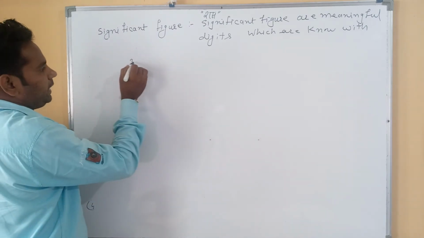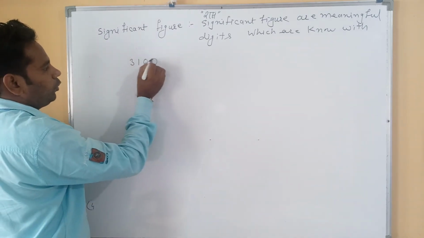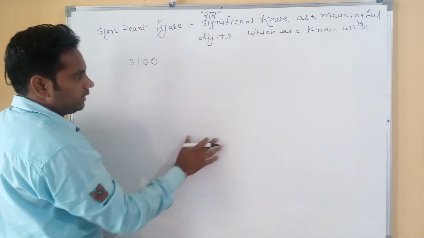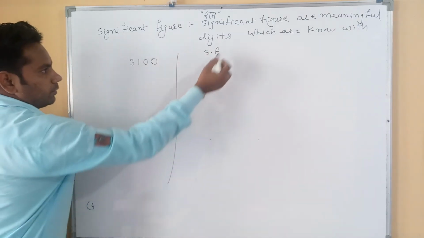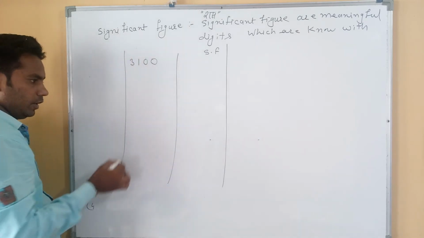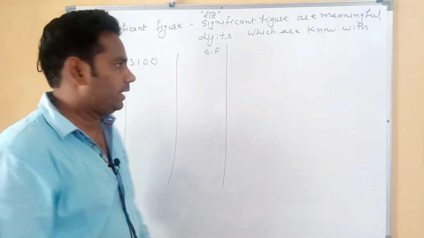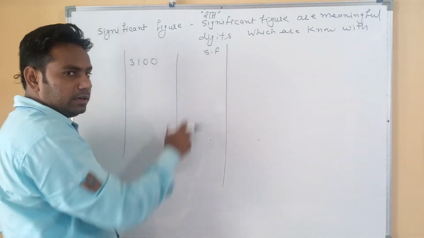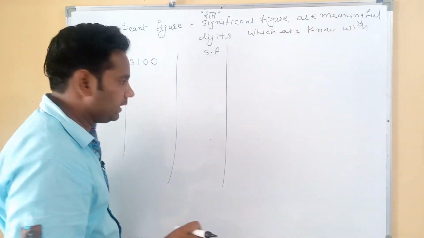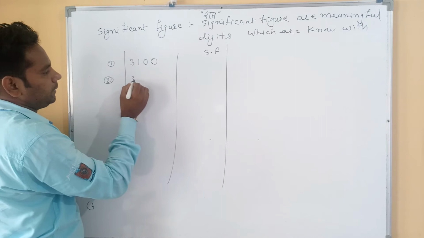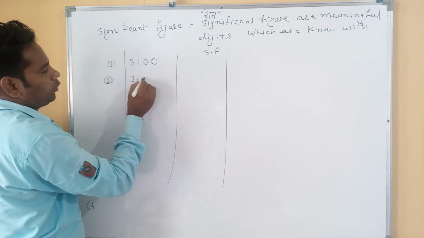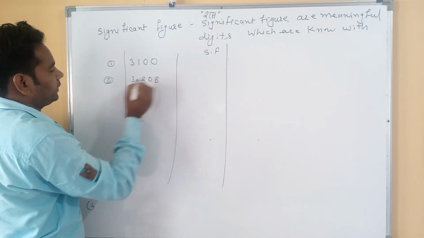Suppose 3100. You write the answer here, only the significant figures. Clear? You solve with me. I have written some questions. You write here only the significant figures. Clear? 1, 2, 3.208.